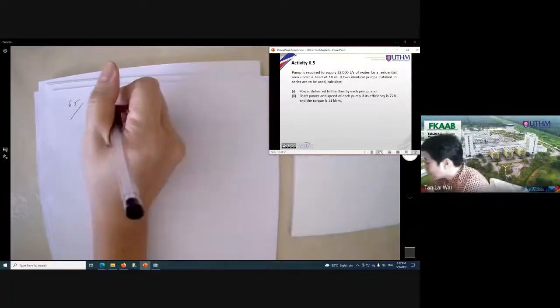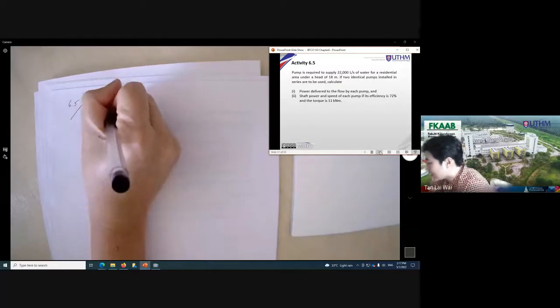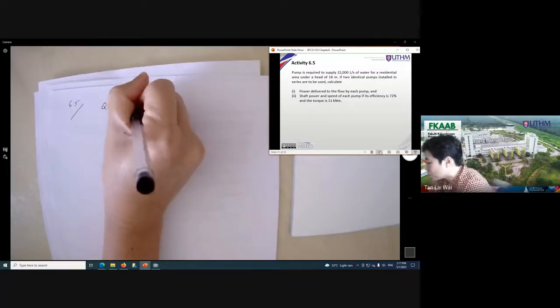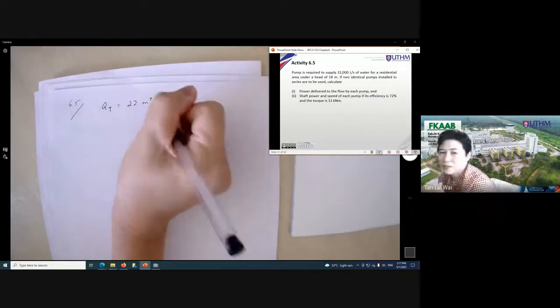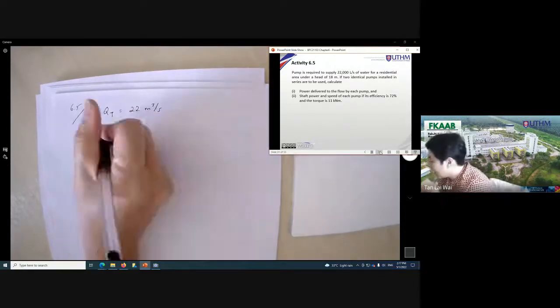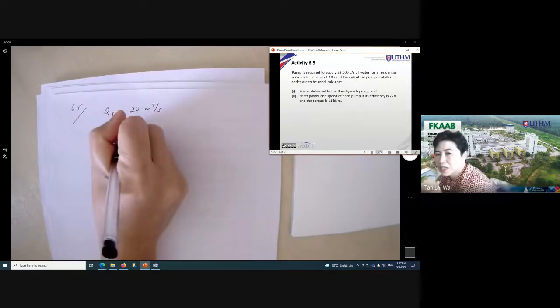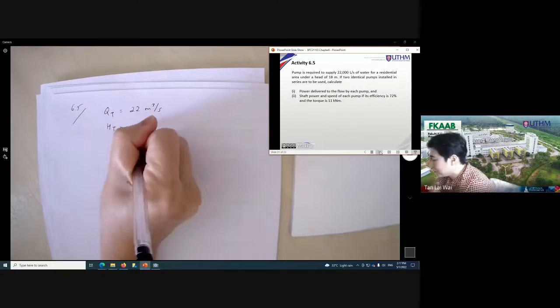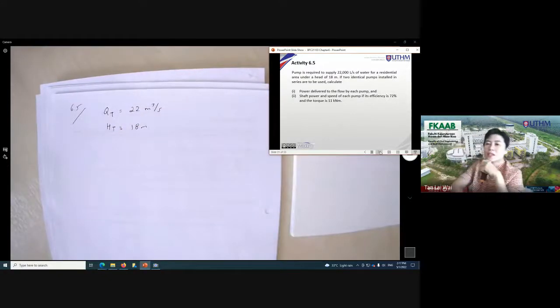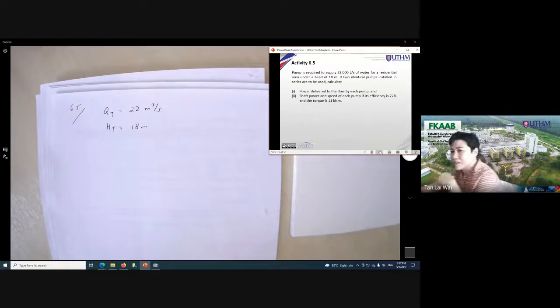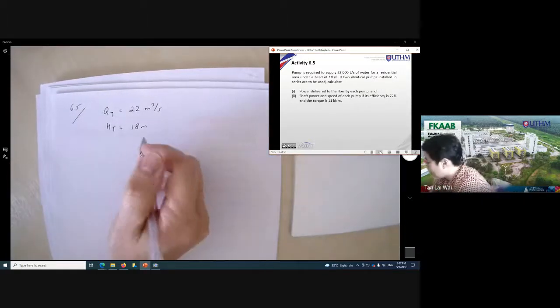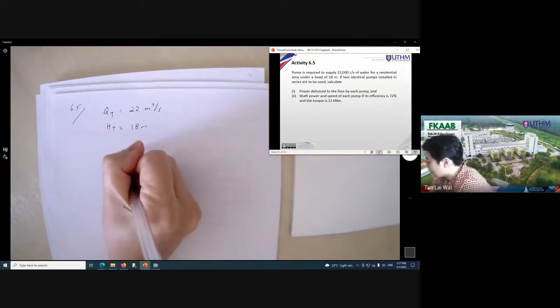All right. So what I'm going to write is, I said Q total is 22 meter cube over second. And then HT would be 18 meter. Okay. It says two identical pumps. That means the same pump, the power, everything would be the same, installed in series. So you have two pumps installed in series.